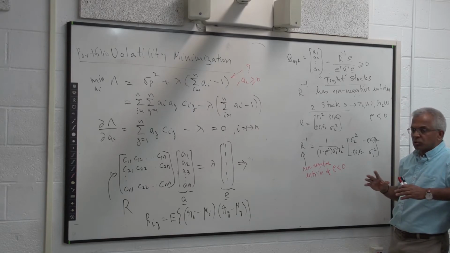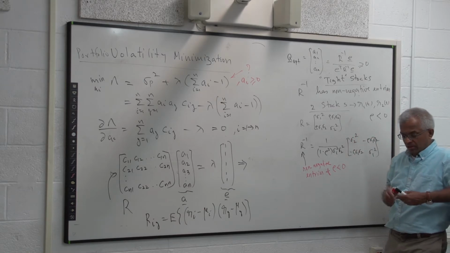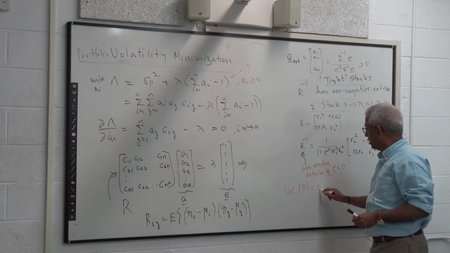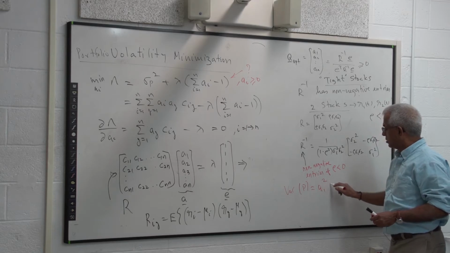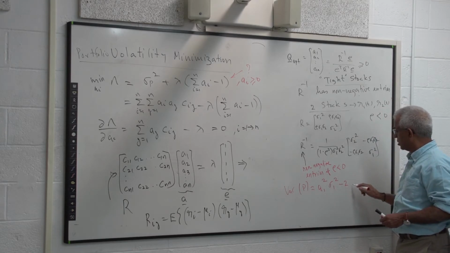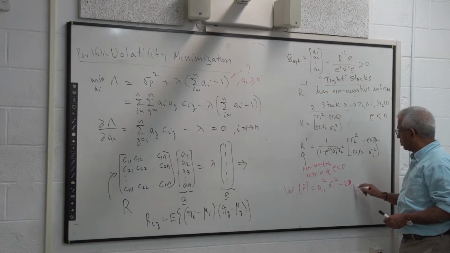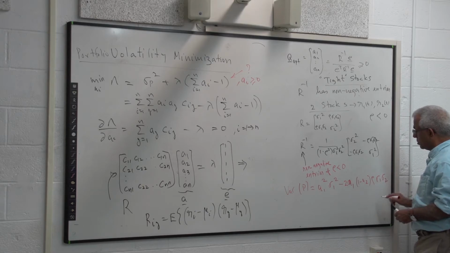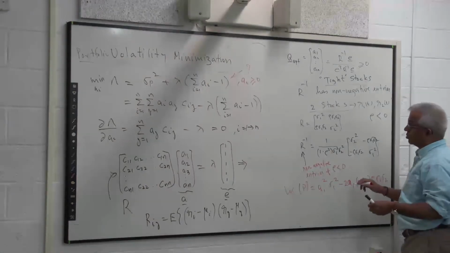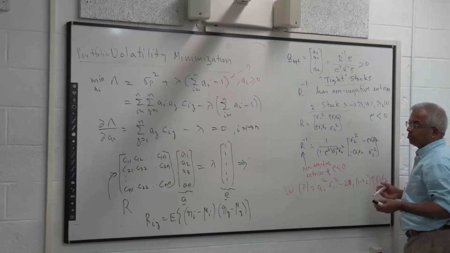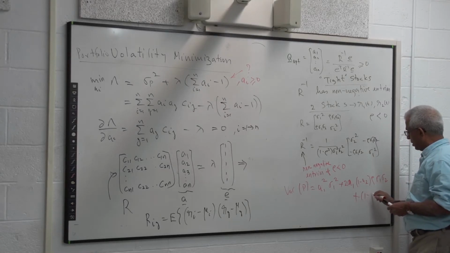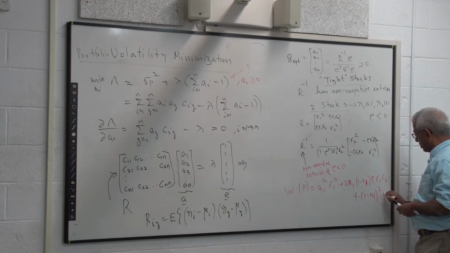Another way to see this is that if you have two stocks, the variance of a portfolio is going to be A1 squared sigma 1 squared, plus 2 A1 (1 minus A1) rho sigma 1 sigma 2, because the combination is A1 R1 plus (1 minus A1) R2, plus (1 minus A1) squared sigma 2 squared.